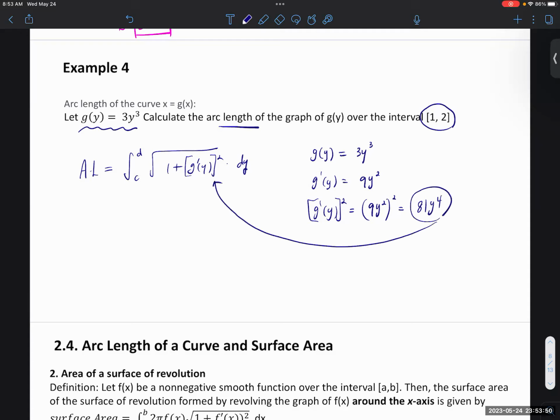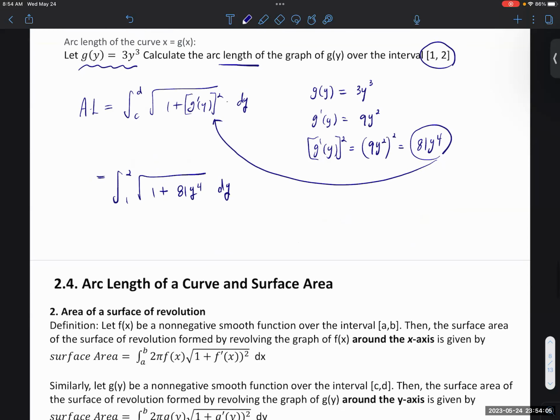You can plug it in and finish up the work, right? So from 1 to 2, the integral of the square root of 1 plus 81y to the 4, dy. Okay, so you can continue.